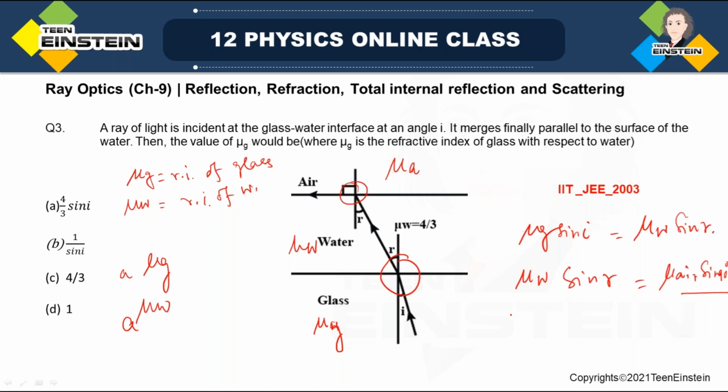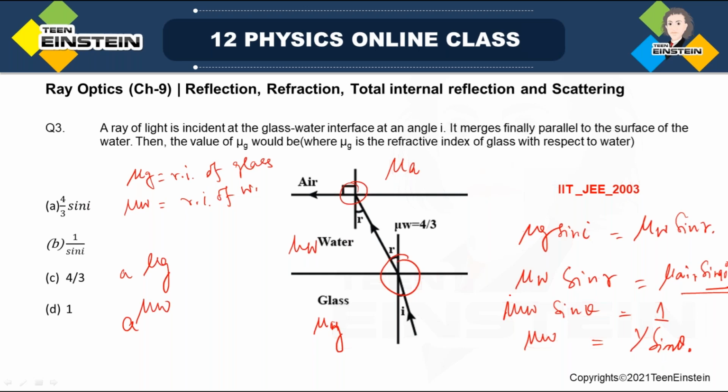So mu air is 1 and sine 90 degree is also 1. So we have got mu w to be 1 over sine r.